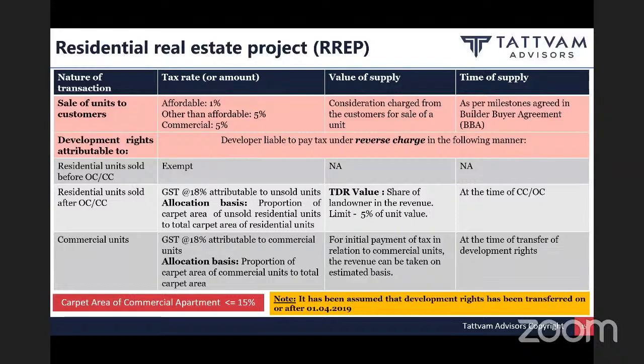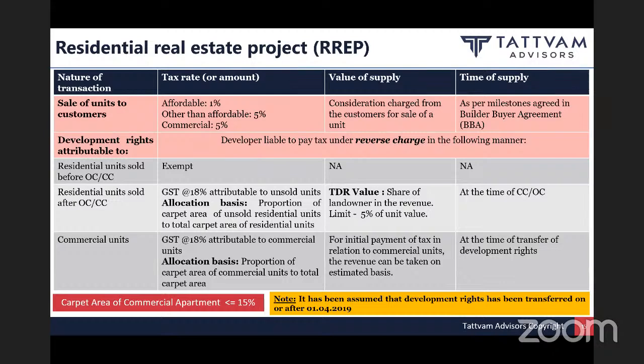So in case of RREP, there is an exemption available to the extent of sold units. So a developer is liable to pay reverse charge only in respect of unsold residential units. So in our example, the developer had built 100 units. 90 were residential, 10 were commercial. Out of these 90 residential units, he has sold 80 units till the time of OC.